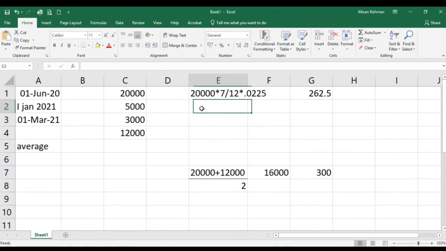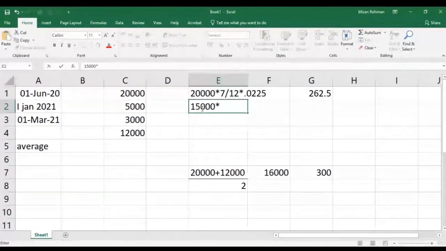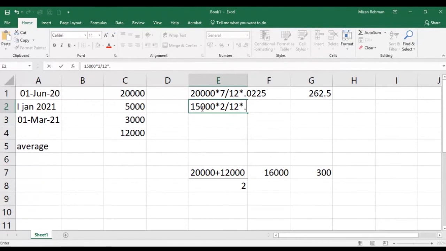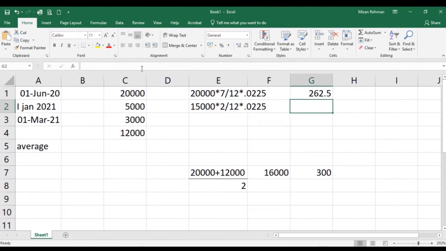Then after he paid 5,000, the amount left was 15,000 pounds. This amount would be outstanding for 2 months, because after that it changes. So 2 by 12 times 0.0225, doing the same thing.